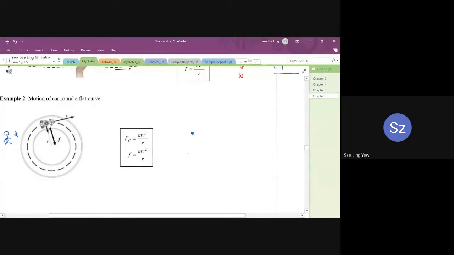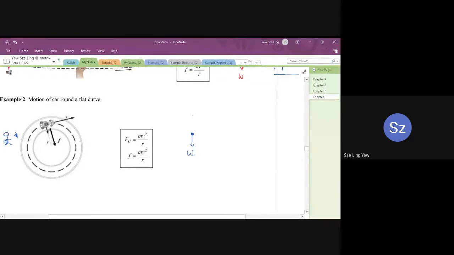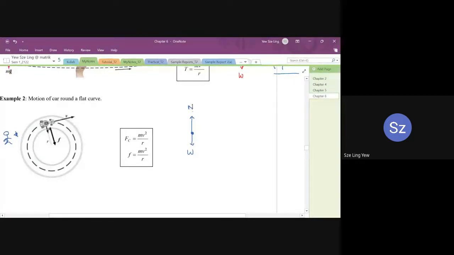Car is an object. Every object comes with weight. That is what we know. Car is moving on a surface, therefore it has a normal force. Now, if I'm standing right here behind the car, the center of the circle is on my right-hand side.